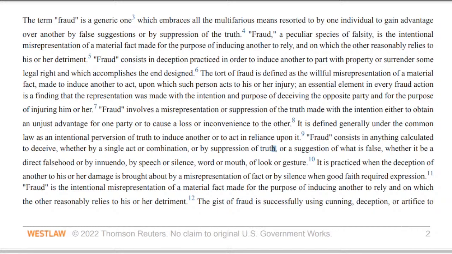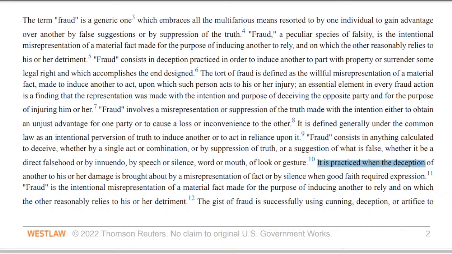Let's read this again. An intentional perversion of truth to induce another to act in reliance upon it. Fraud consists in anything calculated to deceive, whether by a single act or combination, or by suppression of truth, or a suggestion of what is false, whether it be a direct falsehood, or by innuendo, by speech or silence, word of mouth, of look or gesture.